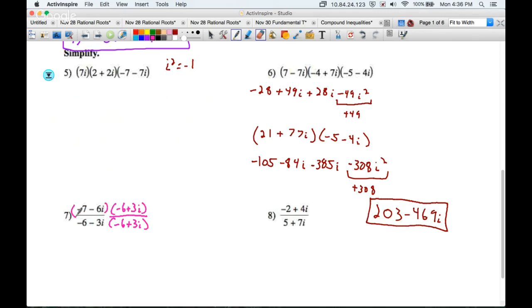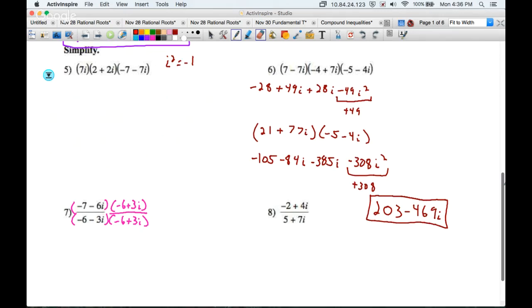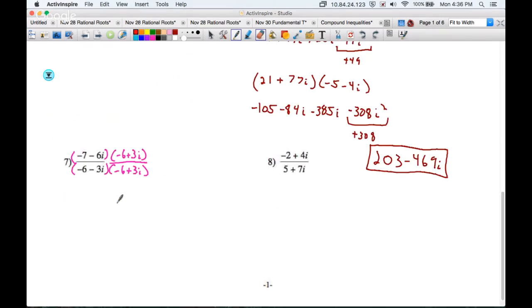Add in a whole bunch more parentheses to help simplify what we're doing. And now I just have to FOIL the top and then FOIL the bottom. Let's FOIL the top. I'm going to get a 42 minus 21i plus 36i minus 18i squared.